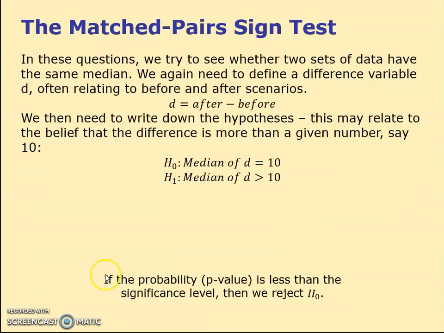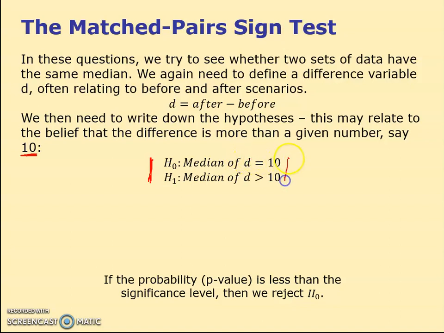Okay, so matched pairs sign test then. This is the before and after scenario I was talking about before. You get the same scenario in terms of the median of the differences. So we set up this difference between the two scores, and you might think that there should be a difference of 0, or it could be you think the difference should be 10. You can do this in a variety of different ways.